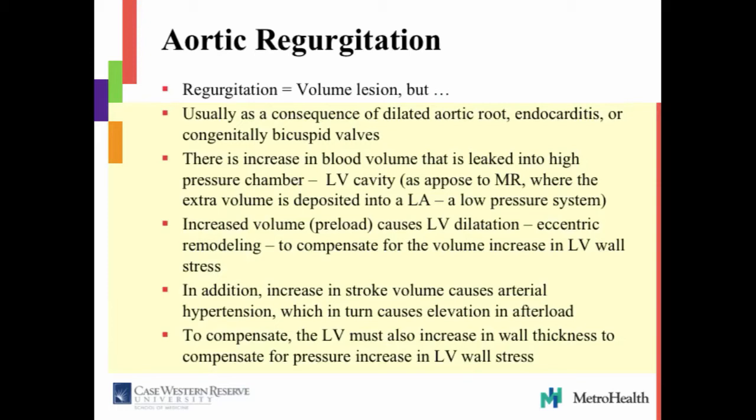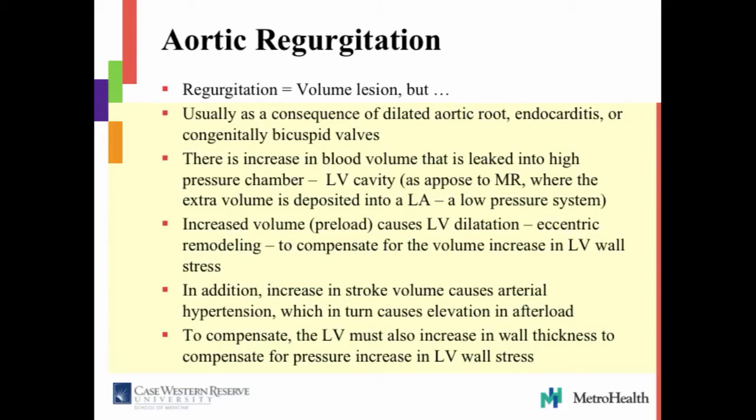The left ventricular pressure is higher compared to the left atrial pressure. So the interplay is a little bit different. The increase in volume causes left ventricular dilatation. So this is your eccentric remodeling. It compensates for the volume increase, very similar to mitral regurg.